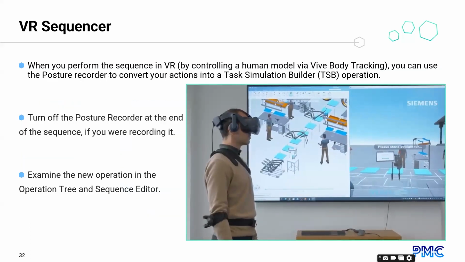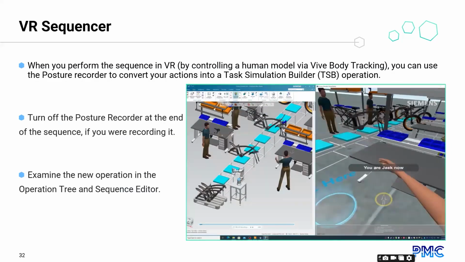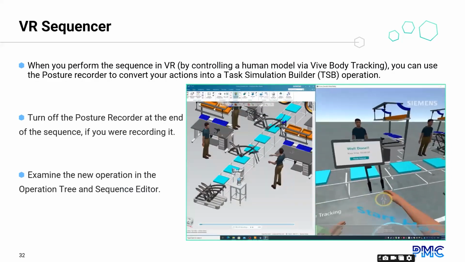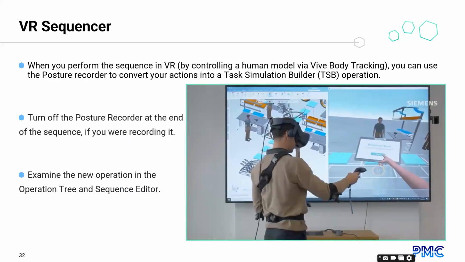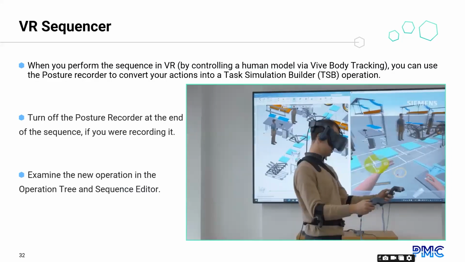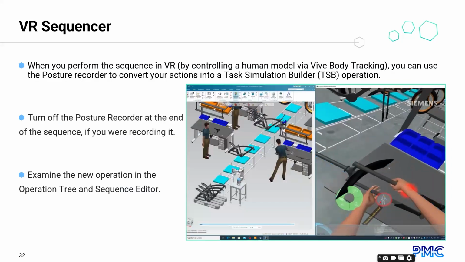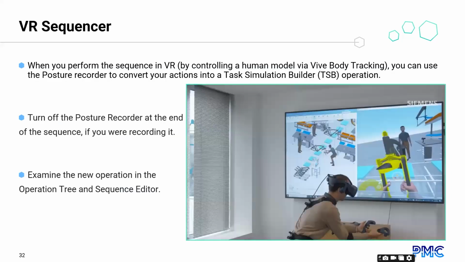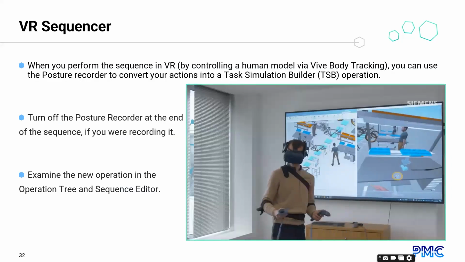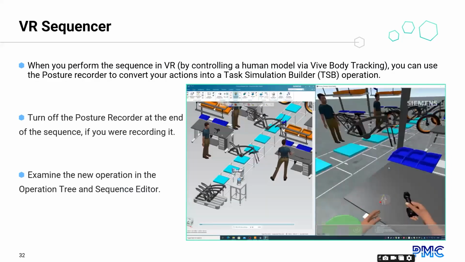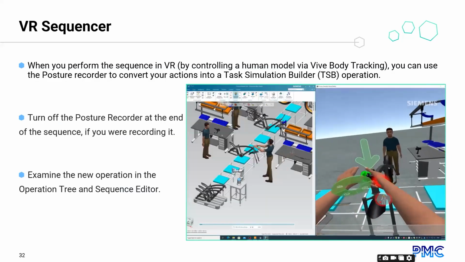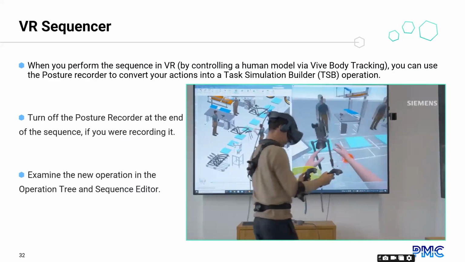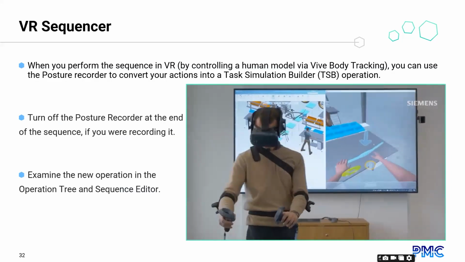All this movement carried out to assemble a product can be recorded, as I commented, through the posture record functionality. This is converted into an operation within the simulation. So after that, you can run this human operation without being inside the virtual reality environment, because if necessary, you can also make some adjustments to this operation.